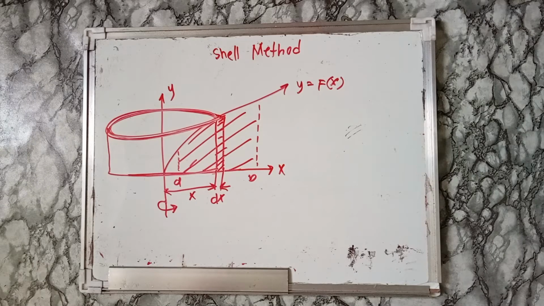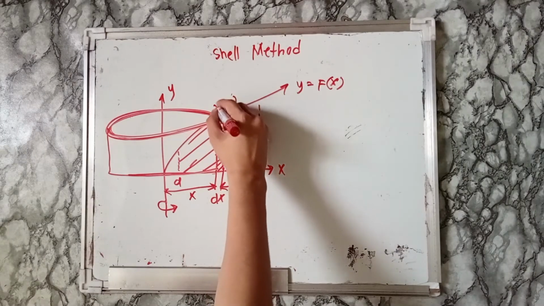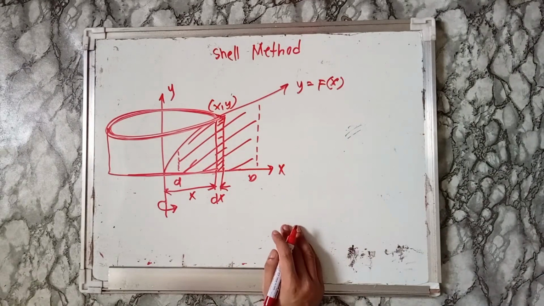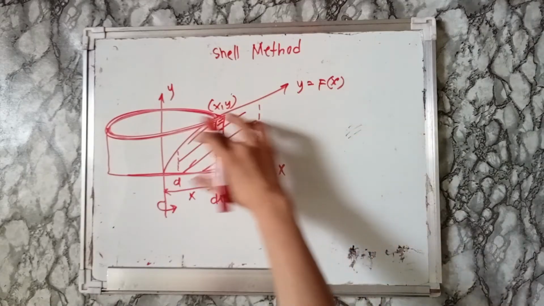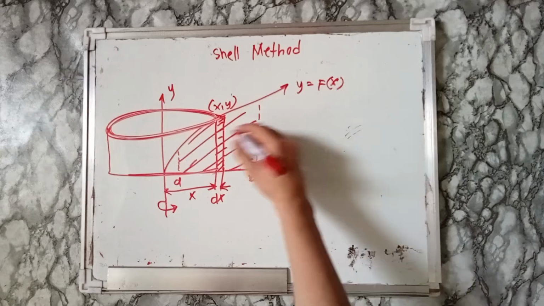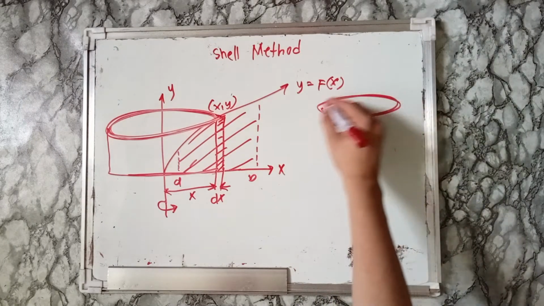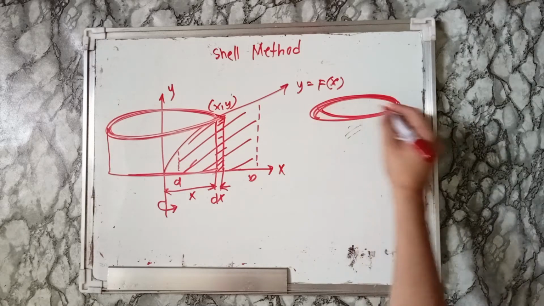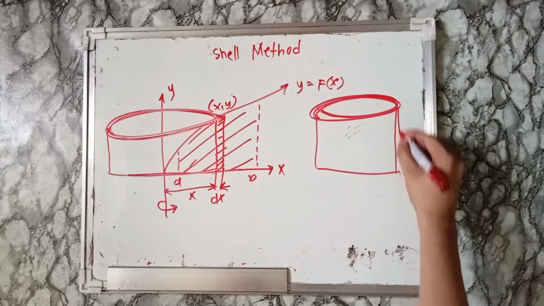A cylindrical tin can. Let's label this as x and y. And if we take this out, it is something like this, right?